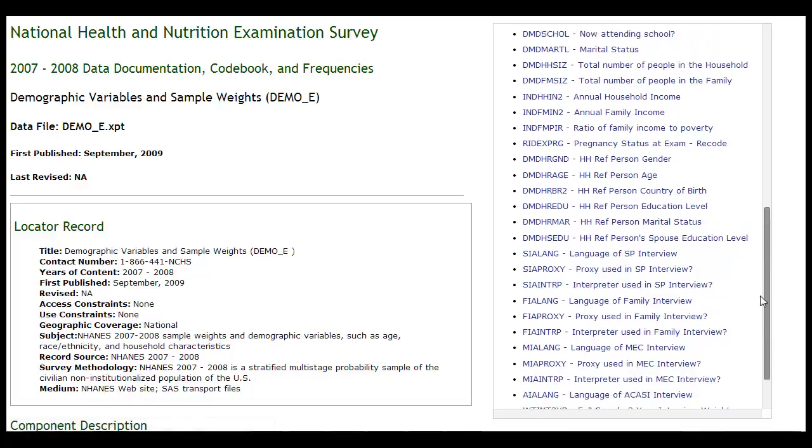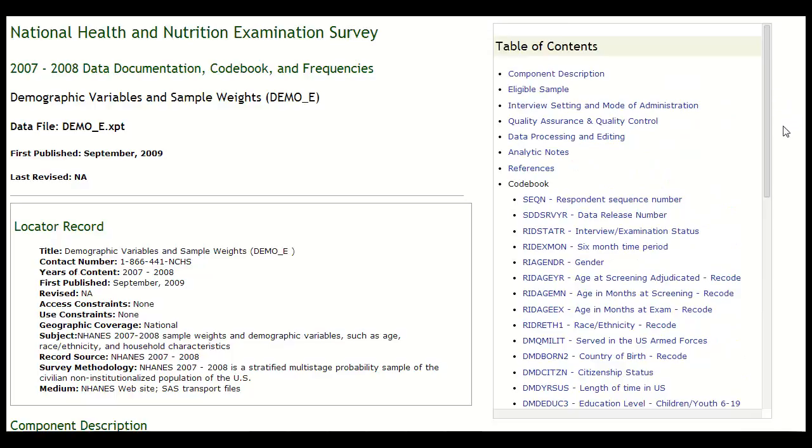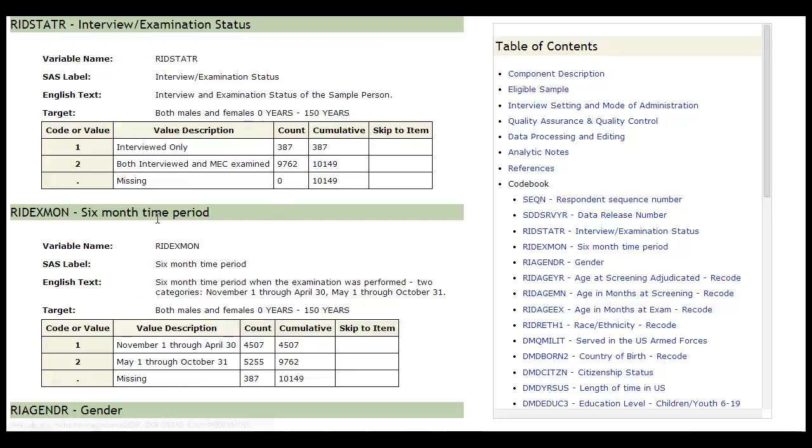As you remember, in this data set, there's also a variable that's the interview examination status, RIDSTATR. If we click on that one, this indicates whether the person only had the household interview, there were 387 in this particular cycle, versus they had both the interview and the examination in the MEC.